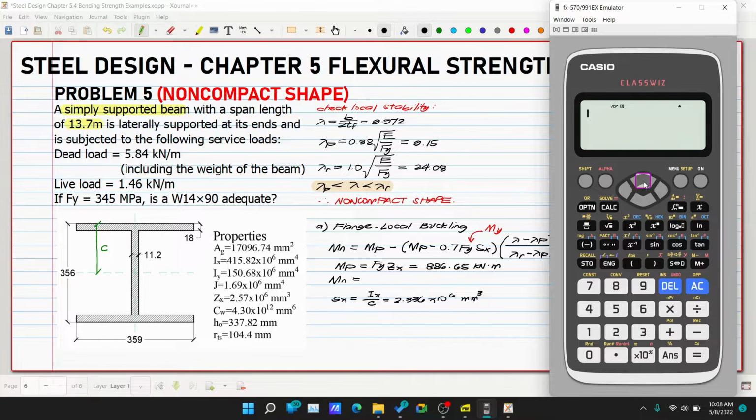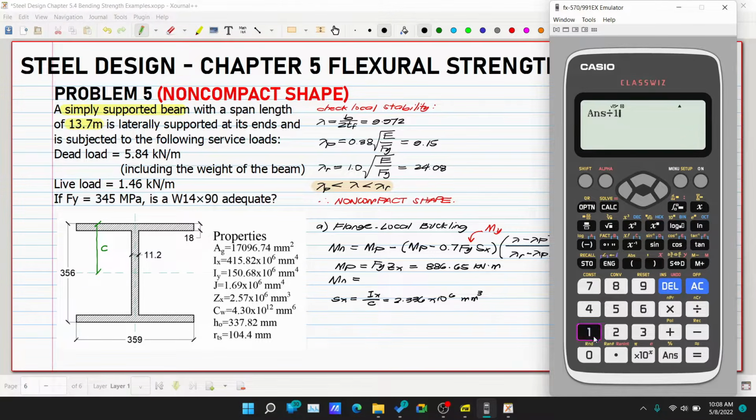Okay. So, balik natin yung kanina. So, 345 multiplied by 2.336 times 10 raised to 6, multiplied by lambda. Ang ating lambda is 9.972 minus lambda p, which is 9.15, over lambda r, which is 24.08 minus 9.15.